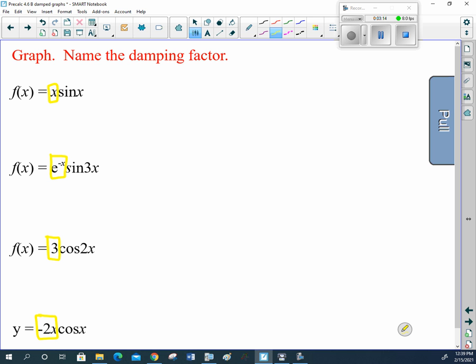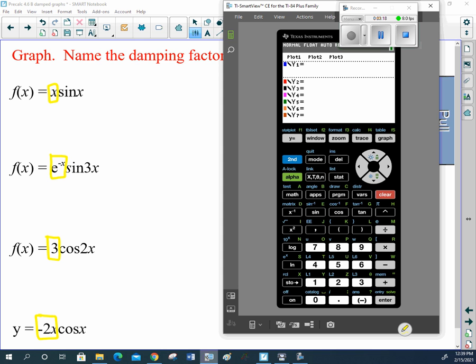Okay, let's pull up our graphing calculator and see what those look like so you can see that's true. On this first one, x sine x, I'm going to go y equals x sine x, and we'll hit graph.